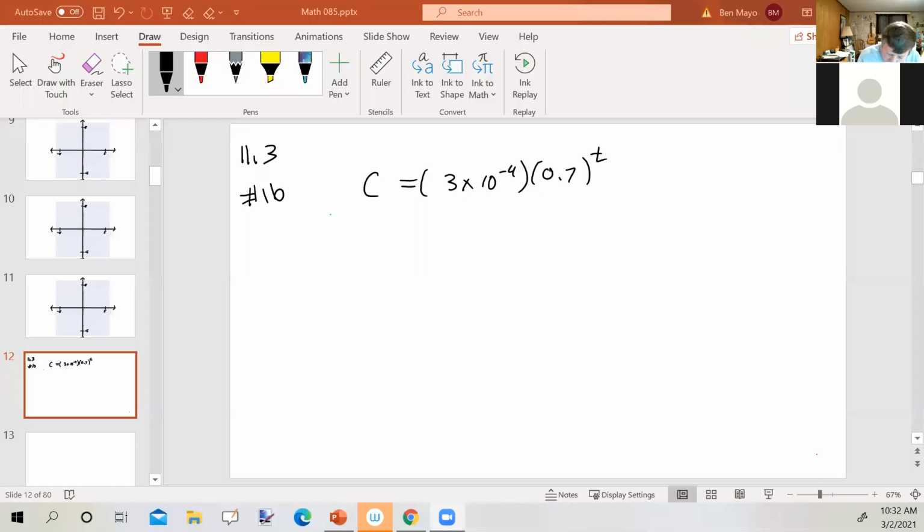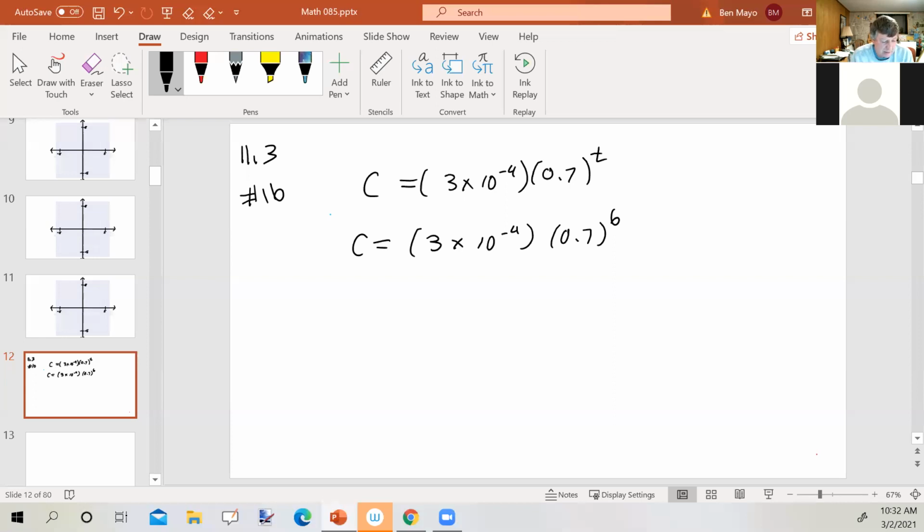So we're going to take this formula and put 6 in place of the T. Going to our calculator: parentheses 3 times 10 to the negative 4th power, close parentheses, parentheses 0.7 to the 6th power, close parentheses.